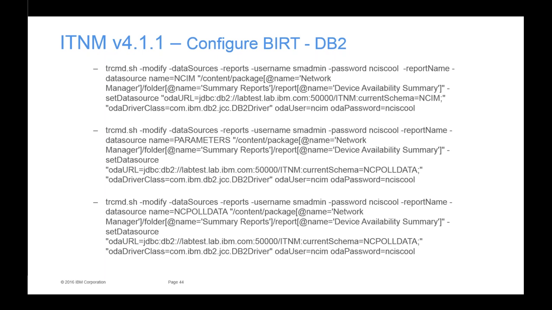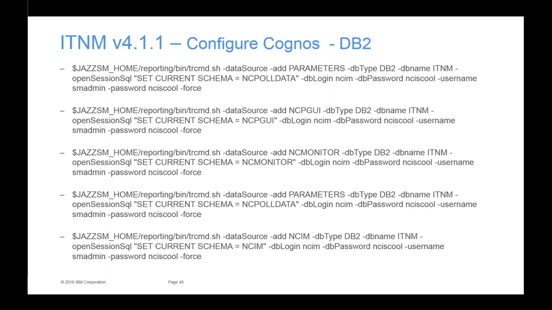Now, if you'll notice for DB2, I'm using the same user to get into the DB2. I'm just using the DB2 instance client information, client configuration or parameters to get in. And again, syntax is important. And then the same thing for configuring the Cognos for DB2.